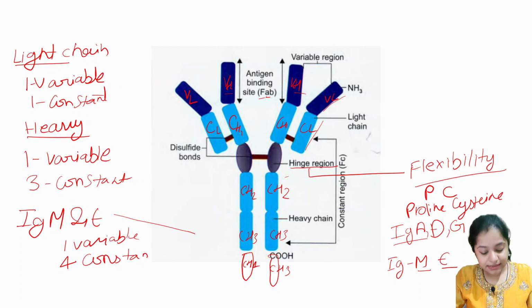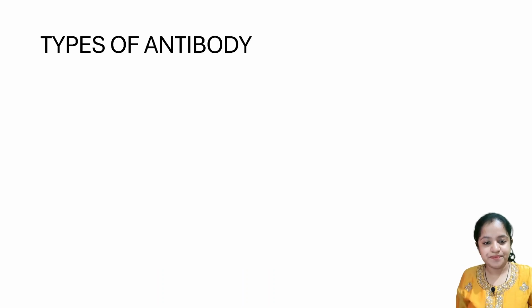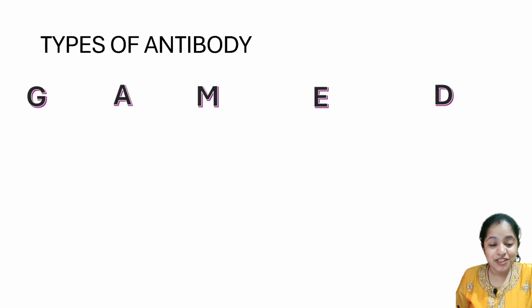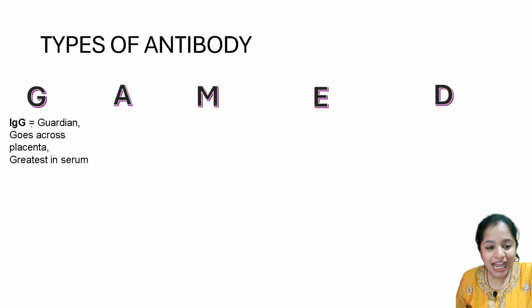Now let's see the types of antibody. The easiest mnemonic to remember the types of antibody is GAMED. Okay, so G is for IgG. It is the guardian. It goes across the placenta and it is greatest in serum, greatest in amount.